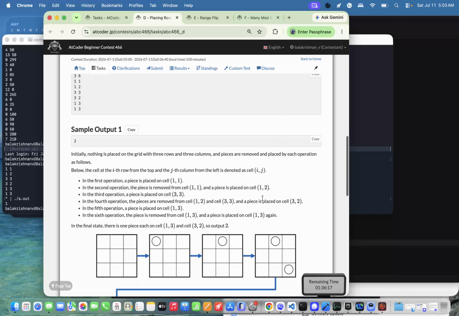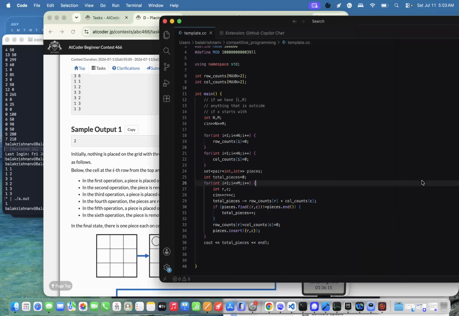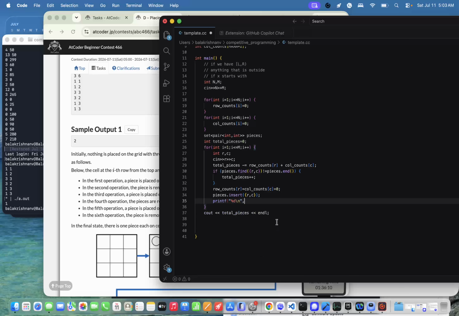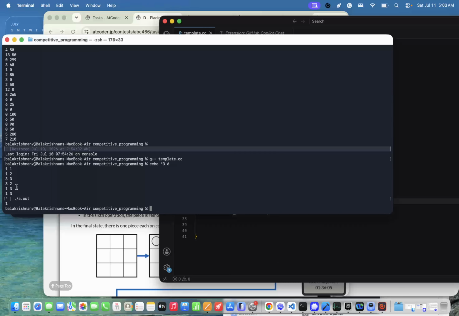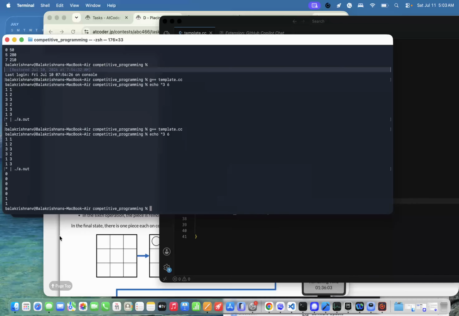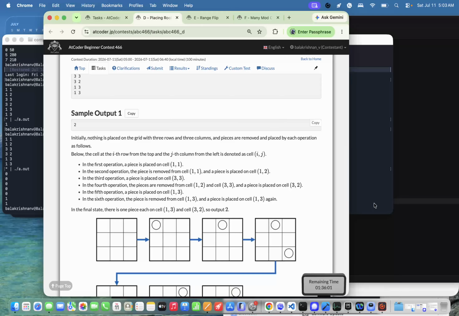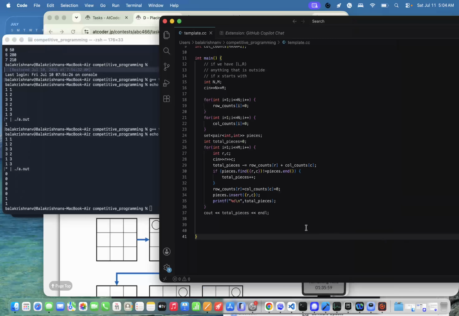Hold on. So you remove both of them. Yeah. Then you need to add this.